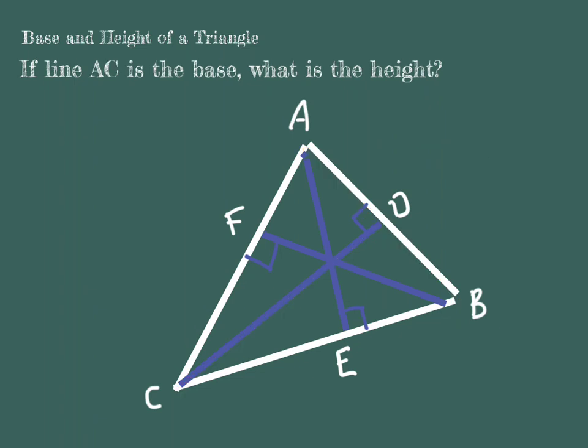Bit more confusing this time. So if line AC is a base, what's the height? Let's find line AC. This is line AC, so we need to find the line that's at a right angle to this line. Okay, let's have a look at the options. It's not this one here, because that's not a right angle. It's not here, because that's not a right angle. There would be a little square.